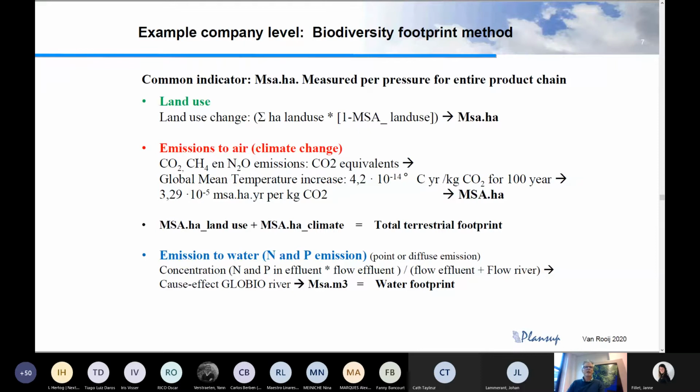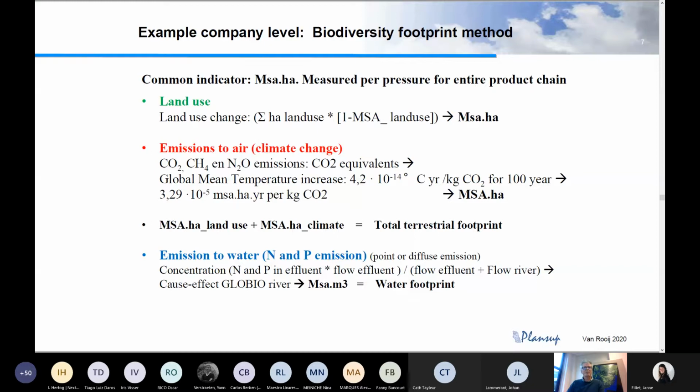From the emission to air, you calculate all the emissions in CO2 equivalents. And we calculate with the help of GloBio how much temperature increase 1 kilo of CO2 will involve.